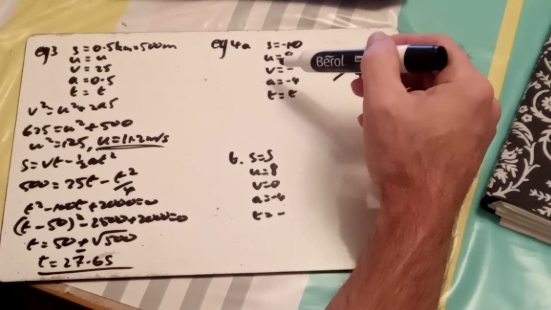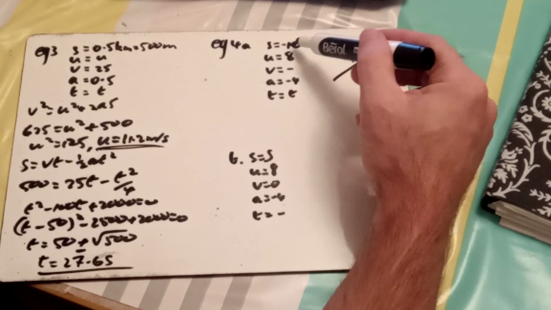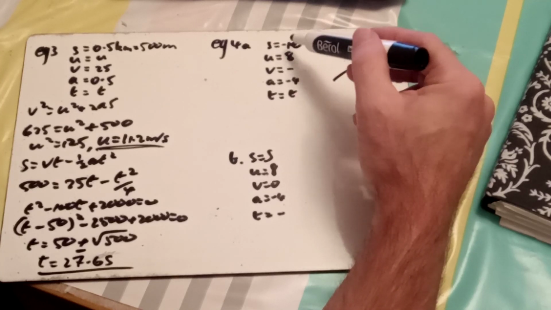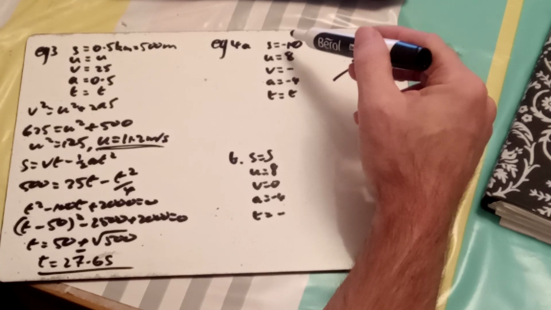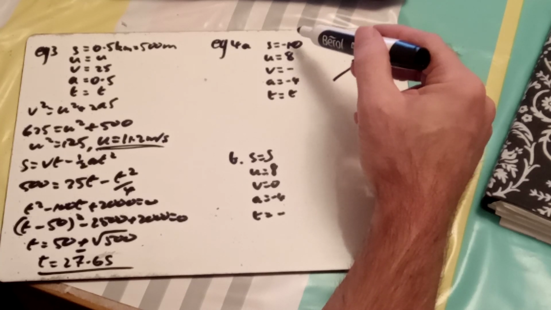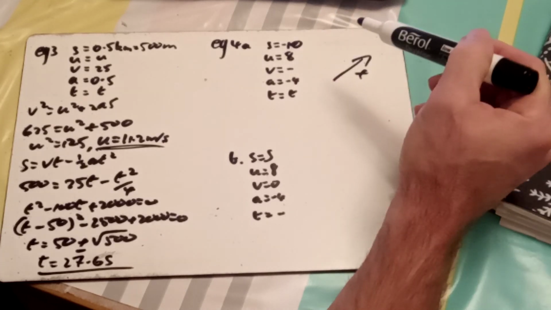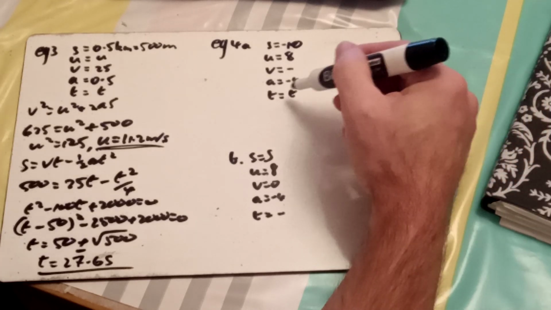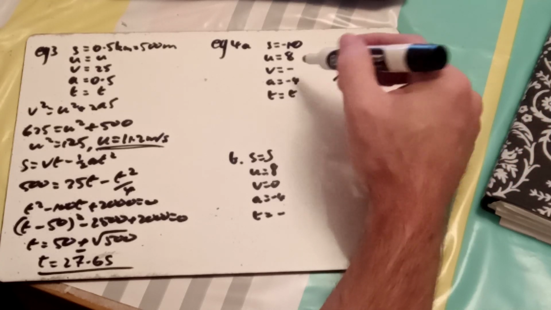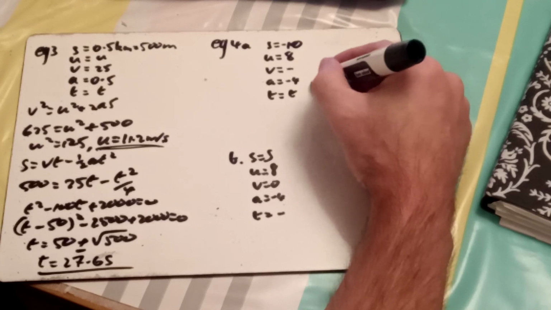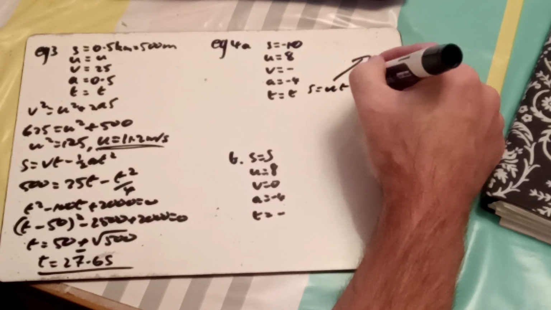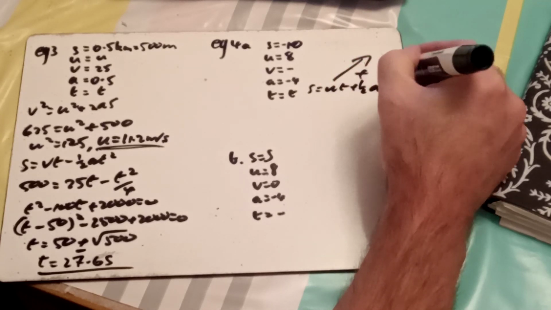So at the bottom, since it started 10 metres above the bottom, I'm using s equals minus 10. You've got to be careful with the fact s is displacement. These are vector quantities. s, u, v and a are all vector quantities. So in this case, it's the one without v to find t. So I'm quoting s equals ut plus a half at squared.